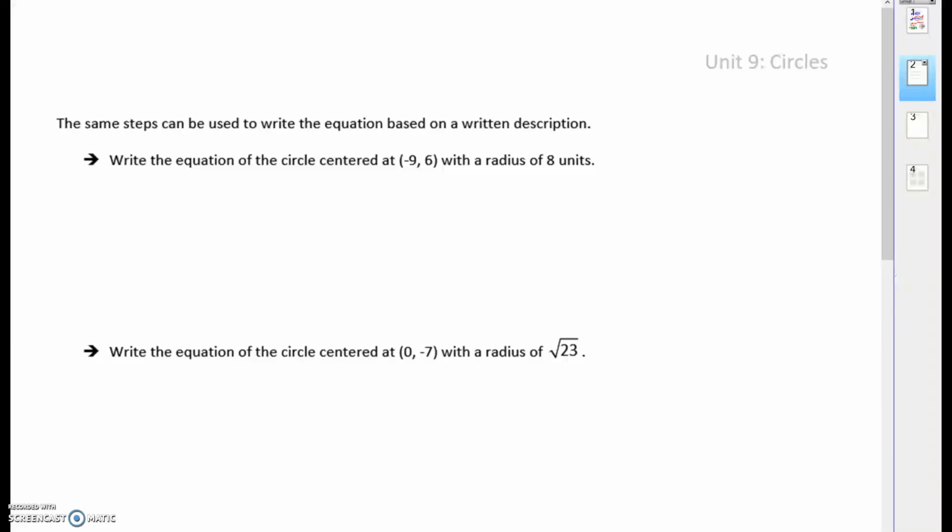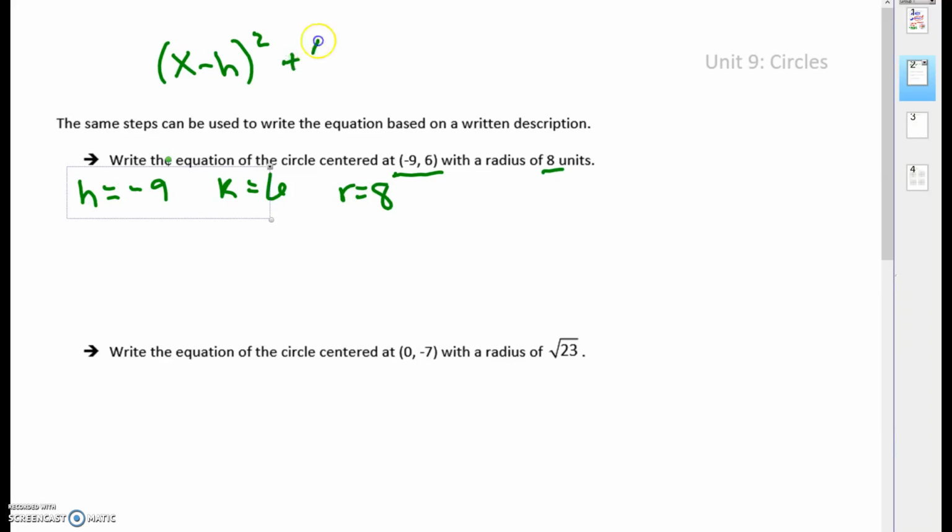So let's take a look at some examples. Now we want to write the equation of a circle centered at negative 9, 6 with a radius of 8. So that means h is negative 9, k is 6, and r is 8, and we're just going to plug it into our equation. X minus h squared plus y minus k squared equals r squared.